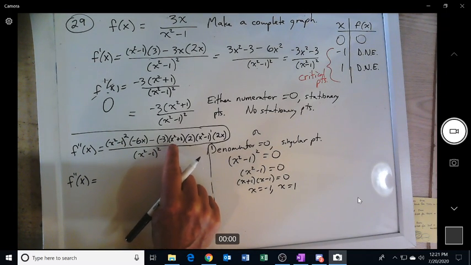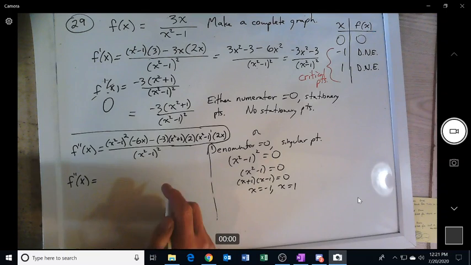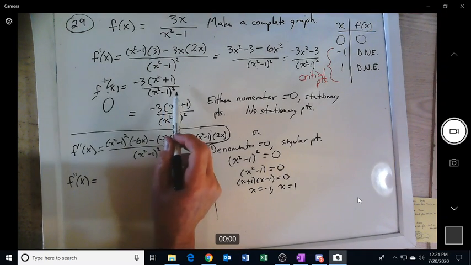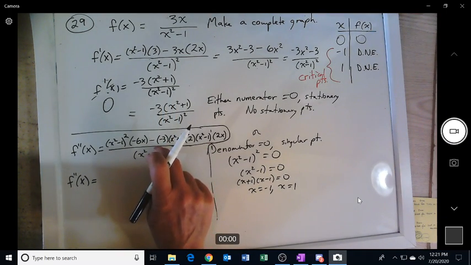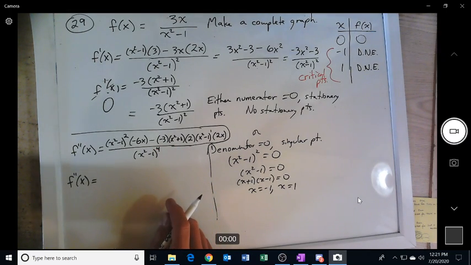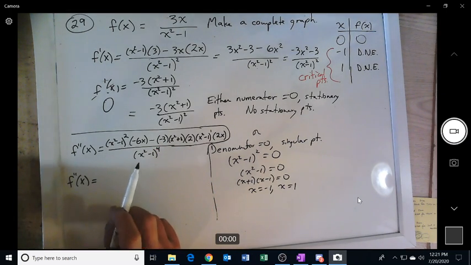Wouldn't the denominator be squared again? Oh, the denominator was originally squared, so squared again, it's to the 4th power. Thank you very much.